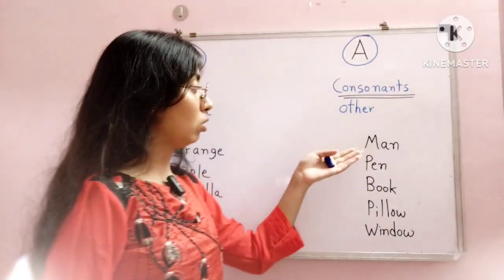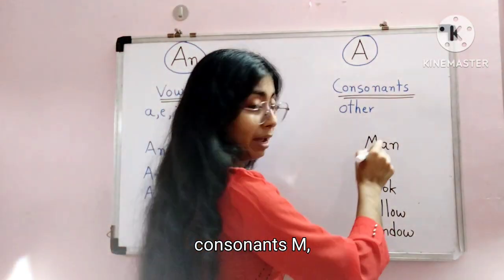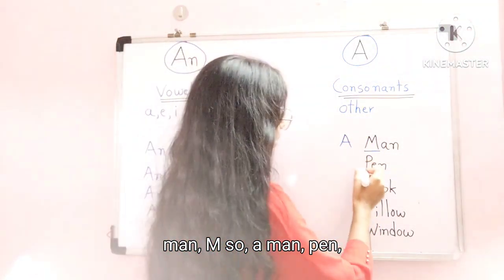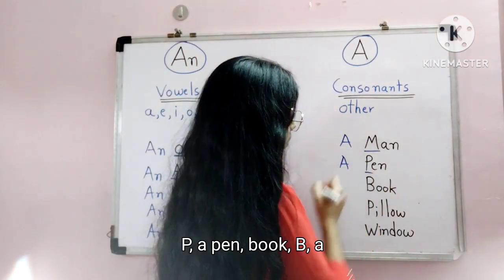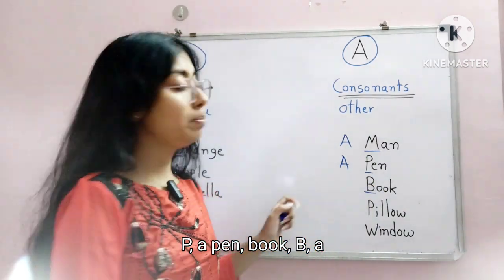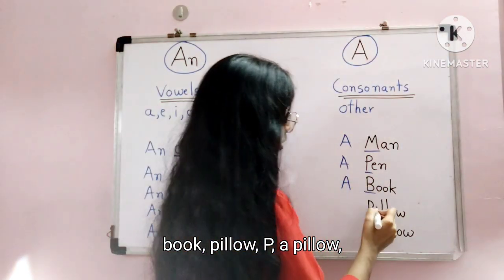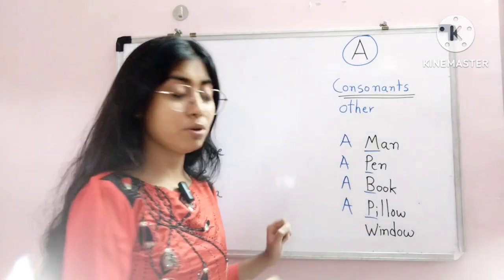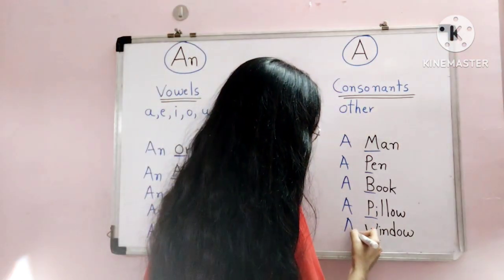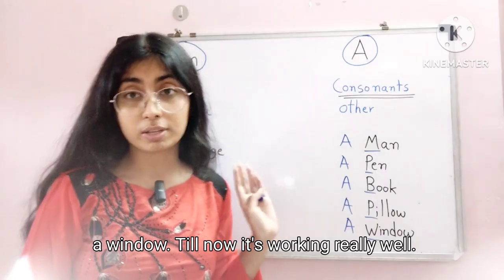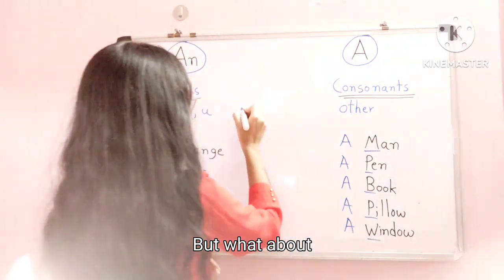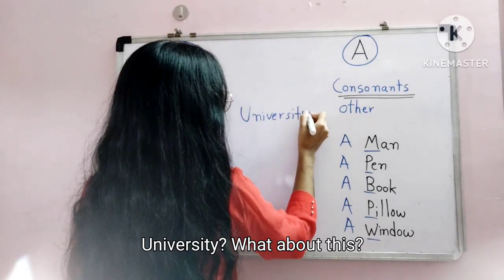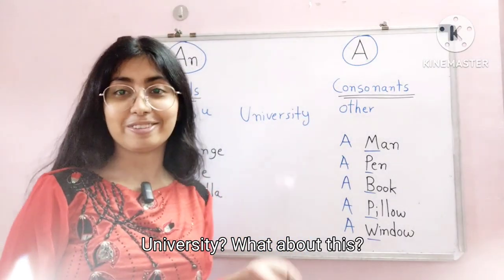And here the consonants: M, man, M, so a man. Pen, P, a pen. Book, B, a book. Pillow, P, a pillow. Window, W, a window. Till now it's working really well. But what about university? What about this?